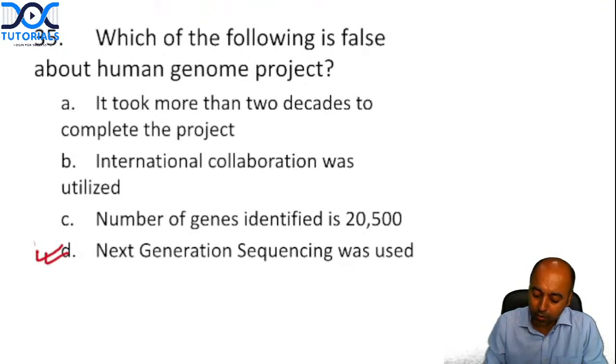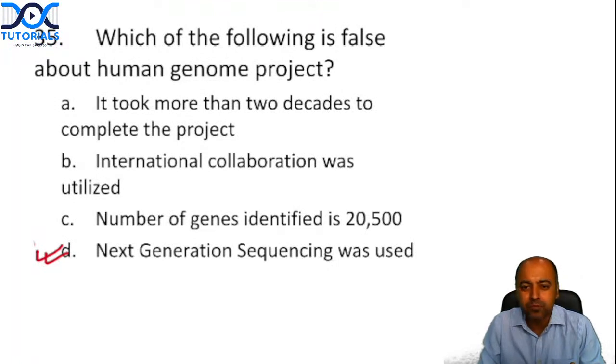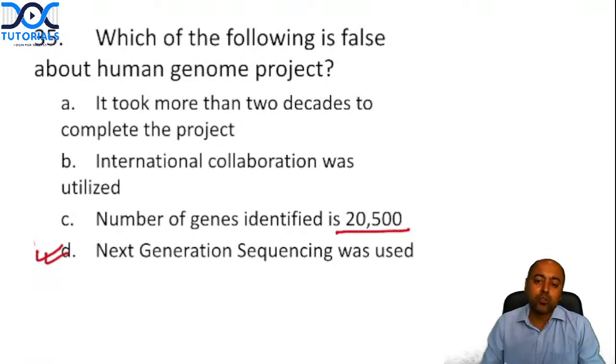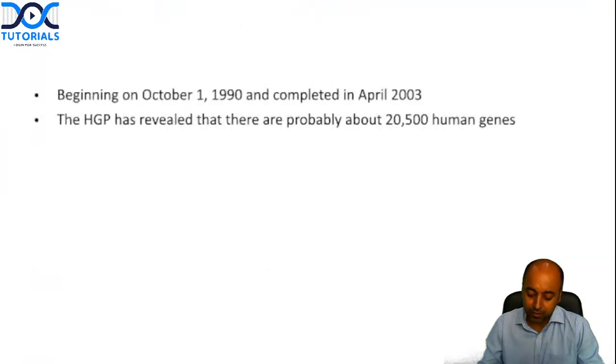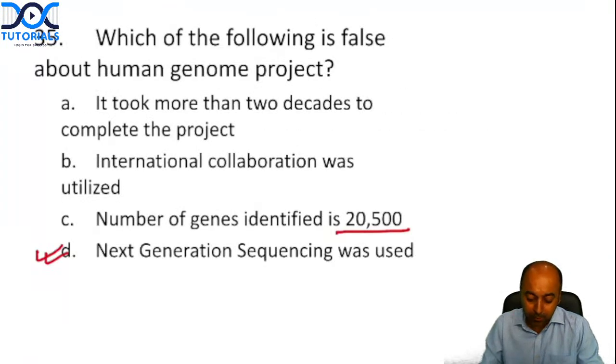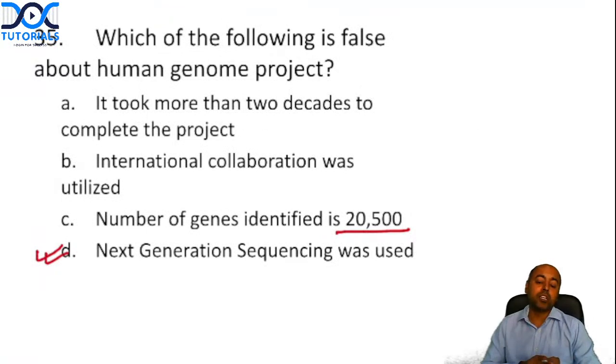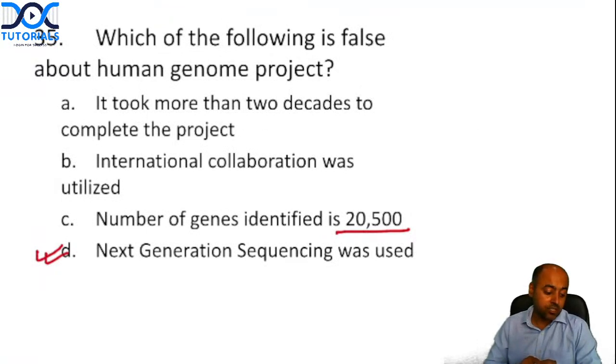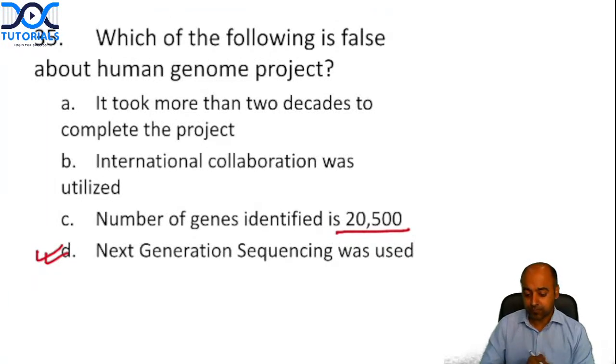Although the time taken was about 2 decades, not more than that for the complete declared duration of human genome project. International collaboration was definitely used, and number of genes identified is 20,500. So among the given options, the best answer should be that next generation sequencing was used.